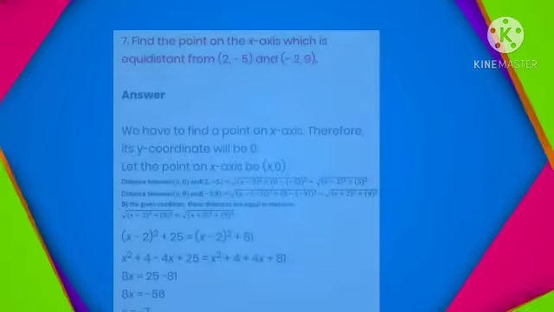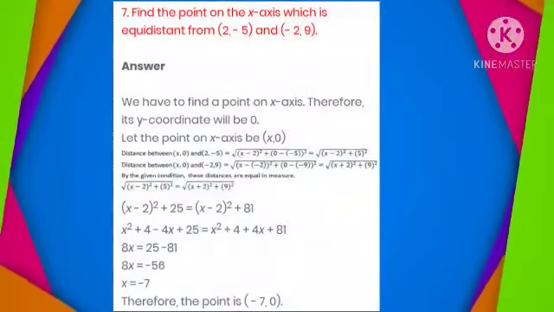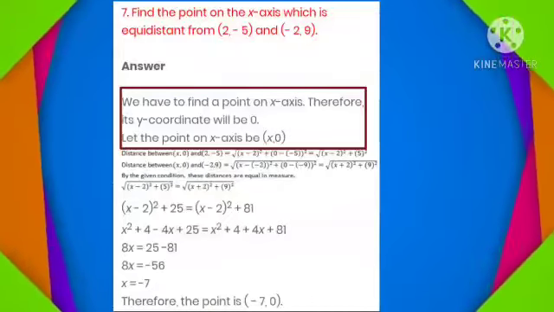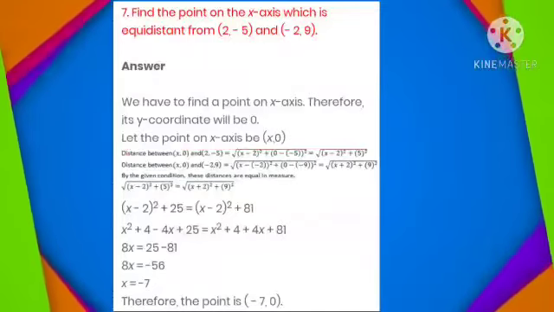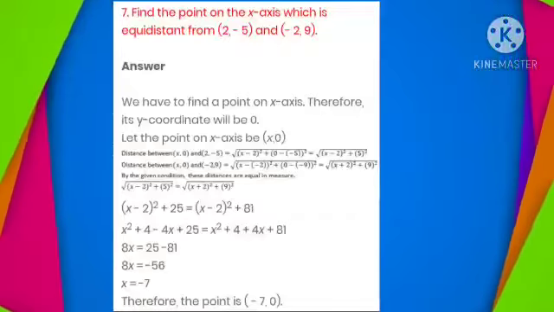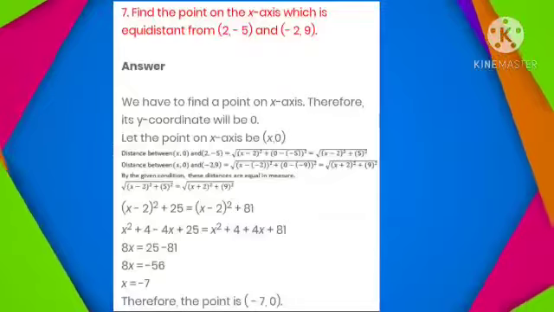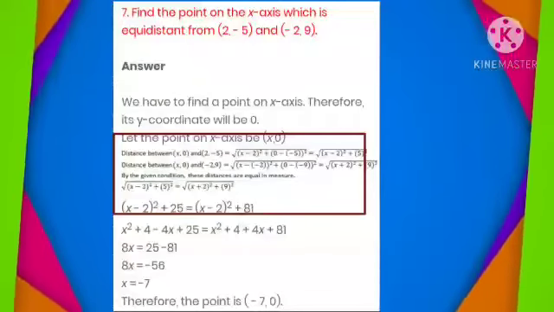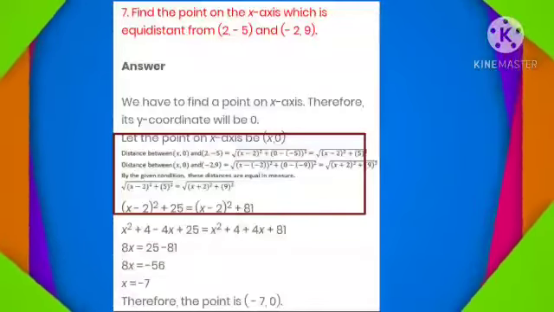Dear students, we know that if any point lies on the x-axis, then its ordinate will always be 0. So the coordinates of the point on the x-axis are (x, 0). Let us consider that. As it is given in the question, this point is equidistant from the other 2 points whose coordinates are (2, -5) and (-2, 9), so we can find the distances by using distance formula.